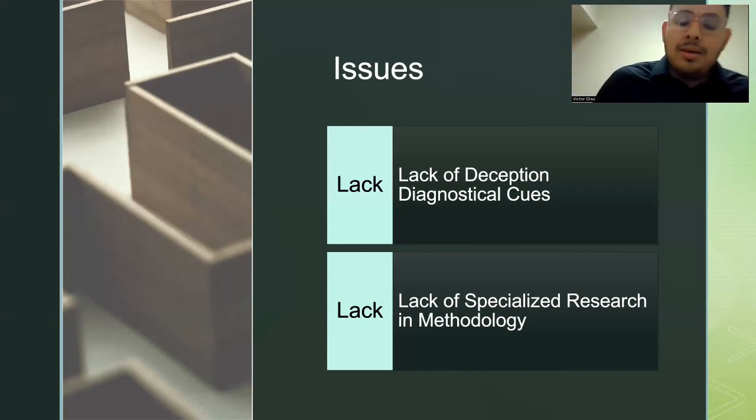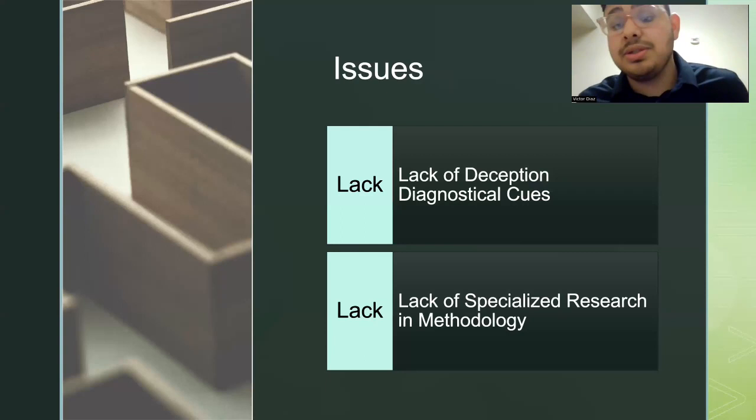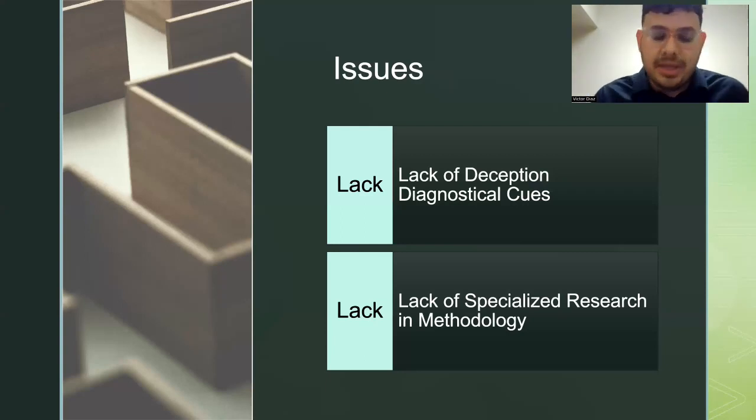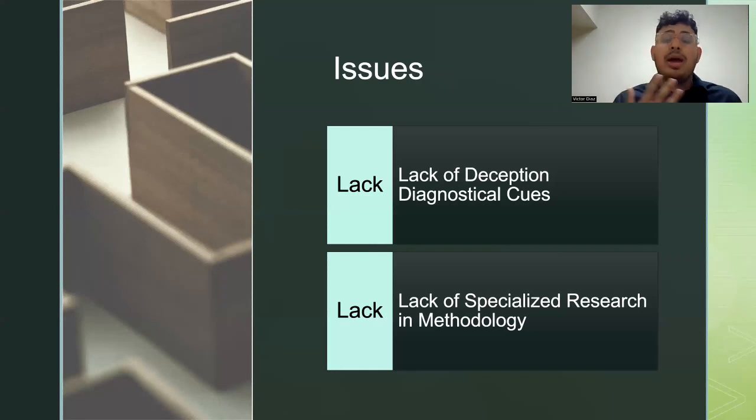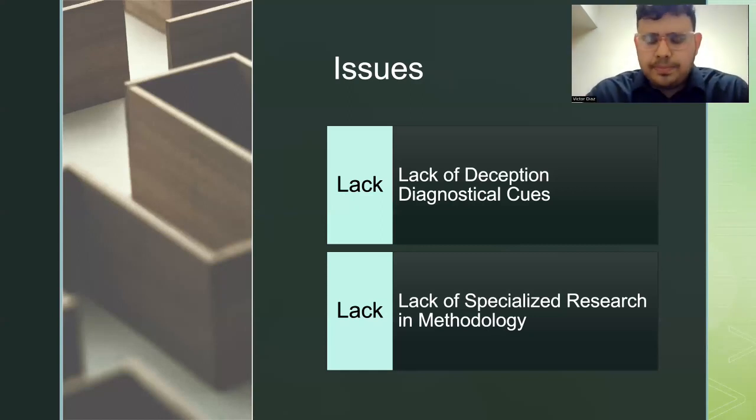Now, the second big issue is specialized research in the methodology. Again, because the human body is so complex, there have been general schematics looked at, such as hand movement, breathing, or a polygraph test. But controlling the whole human body cognitively is very hard to look at, and we can't control every single action of every single methodology.